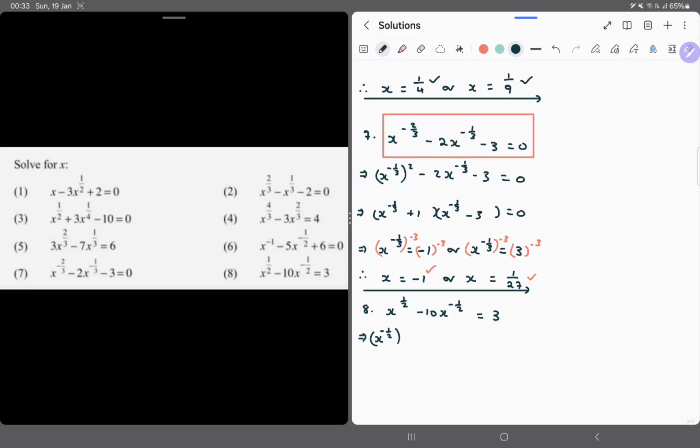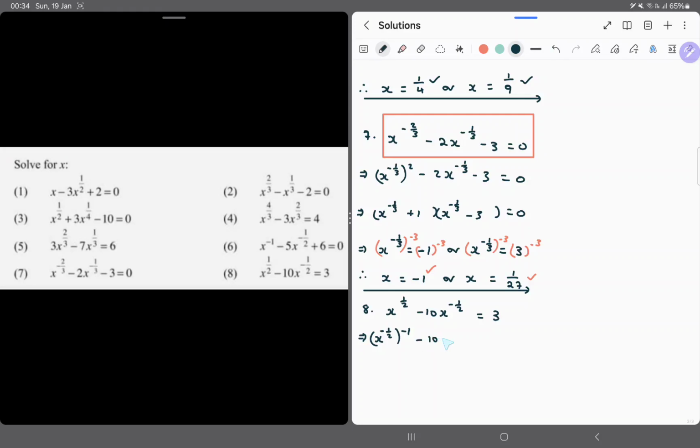Okay, this one is making us think a bit. How do we do that? So to get a half here, we are going to put a minus 1, right? Yeah, that's more like it.